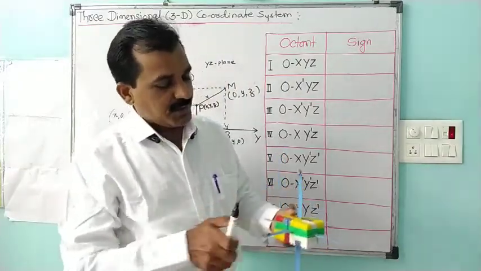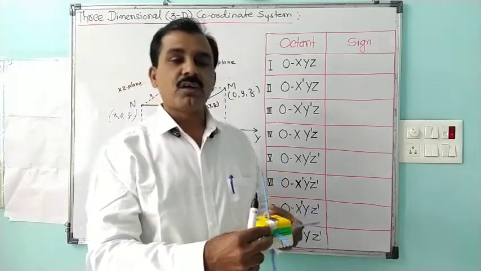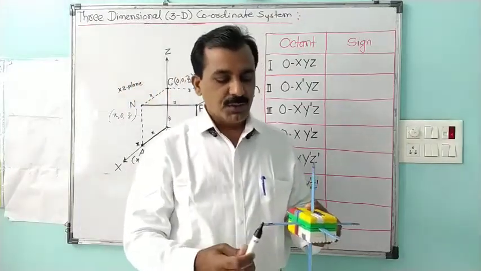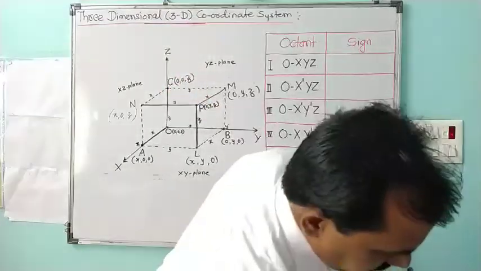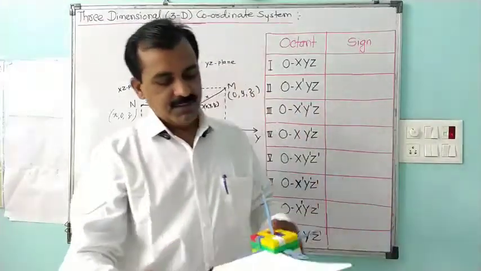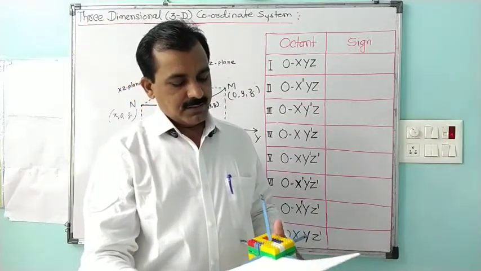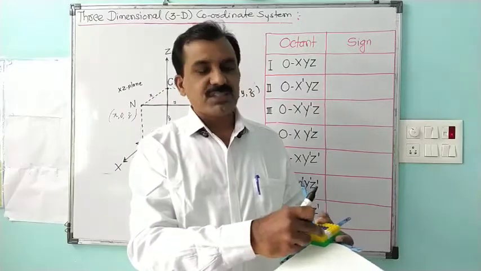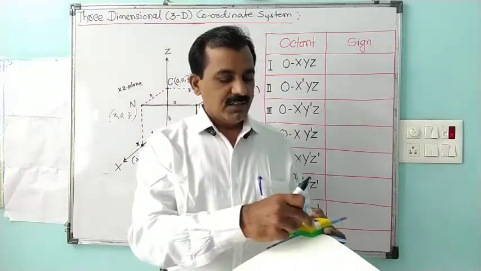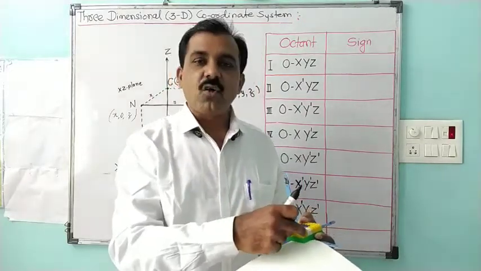The space I am getting, the octant when positive X, positive Y, positive Z axis is like this. So this much amount of space is called the first octant.